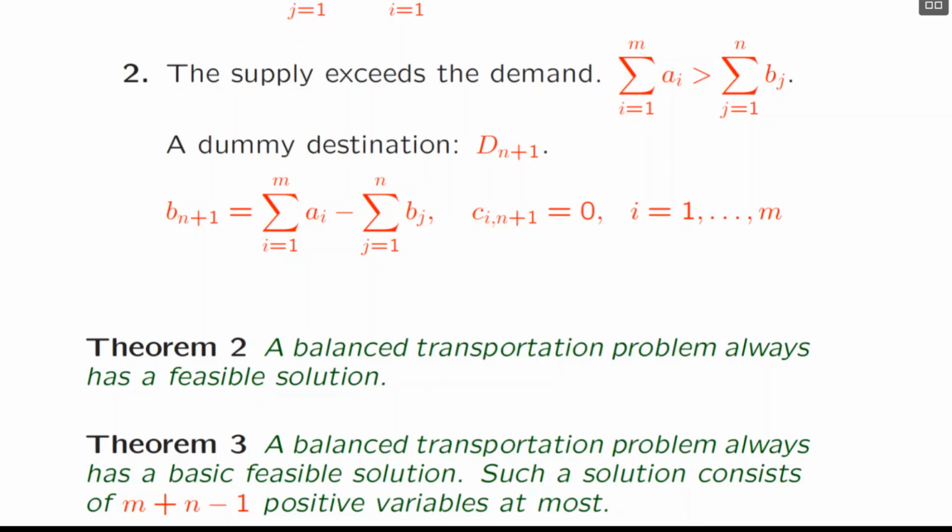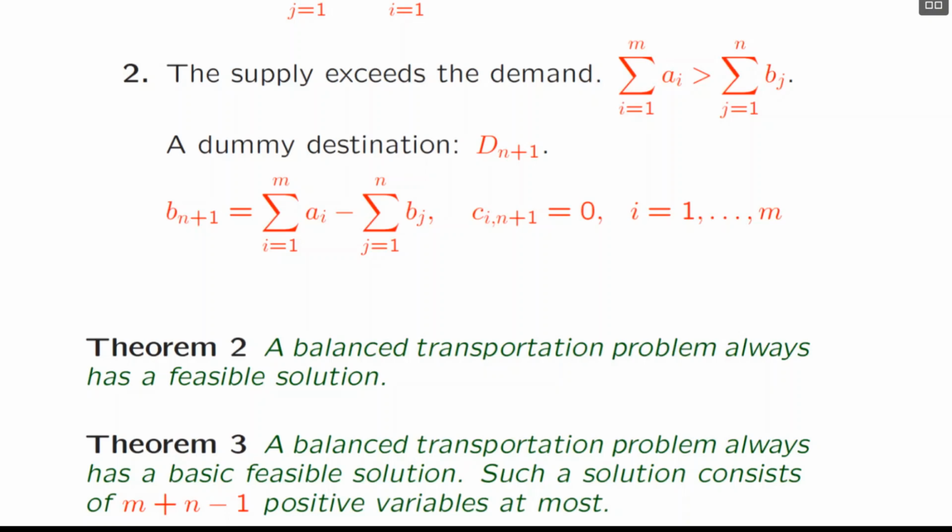We had destinations d1, d2, dn, so we introduce a new destination dn plus 1, where the cost of transporting items from each of the origins O1, O2, Om will be 0, and the demand at that dummy destination will be the difference between sum ai and sum bj. So that is the way we transform an unbalanced problem to a balanced one, and we must make it balanced before solving it.